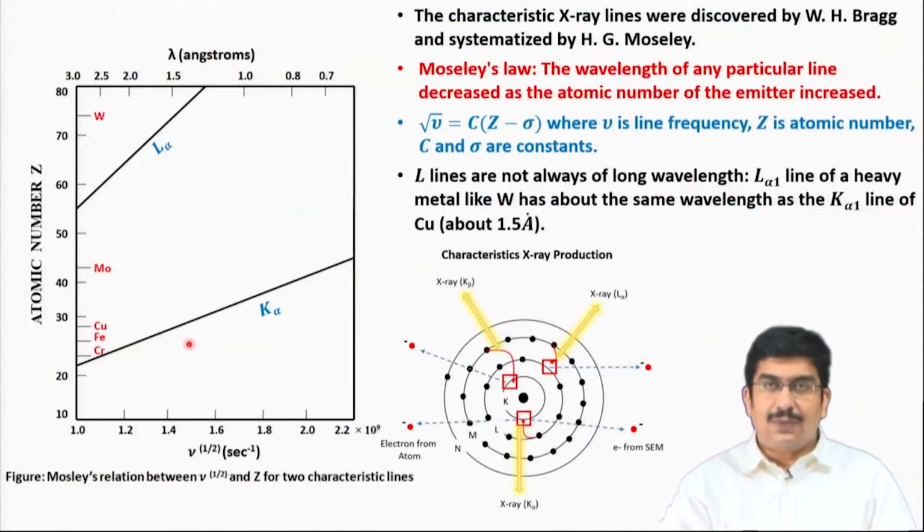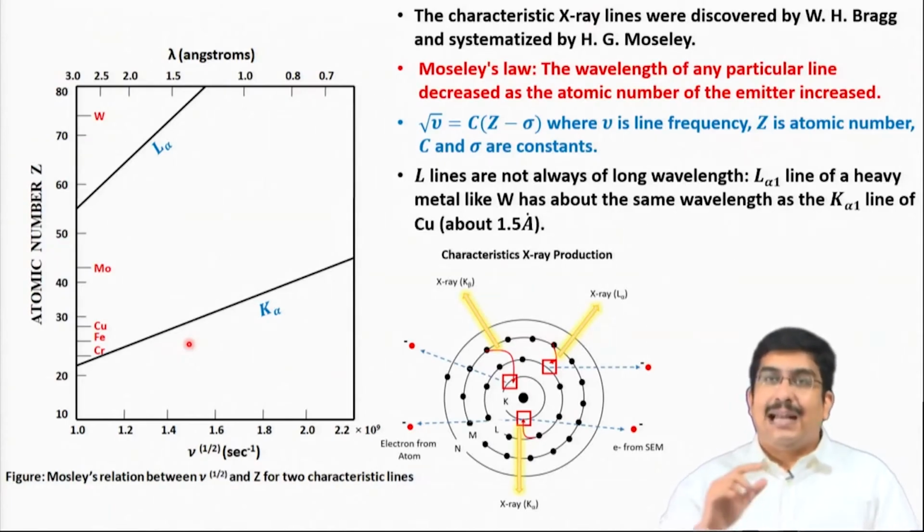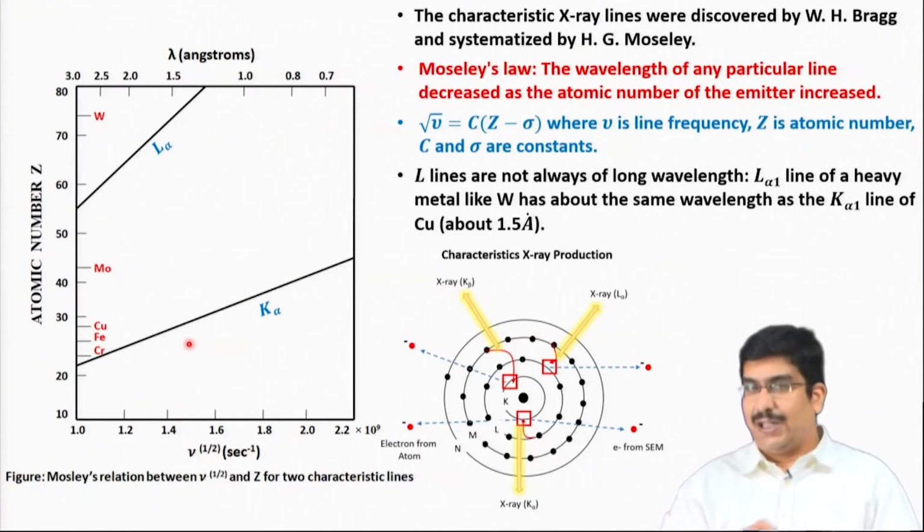Anyway, let us see on what this characteristic radiation depends. As I said, it depends only on the atomic number. The characteristic X-ray lines were first discovered by W.H. Bragg, and after him this was systematized by another great scientist, H.G. Moseley.